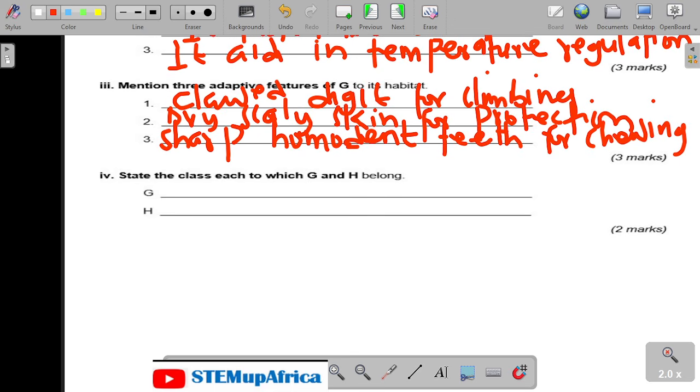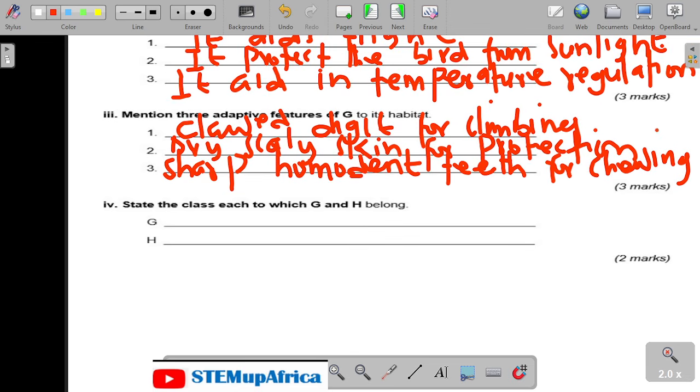It says, state the class each of G and H belong. G is reptilia, and H is mammalia.